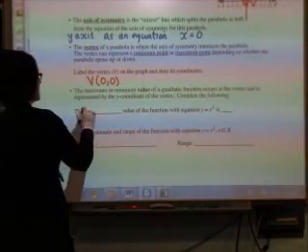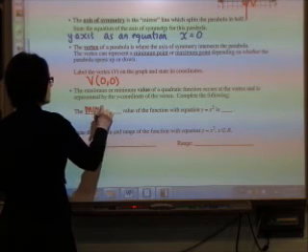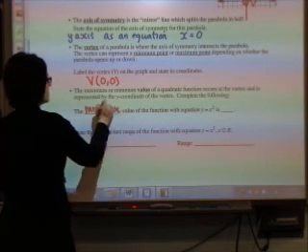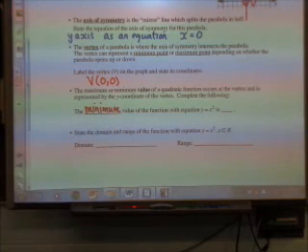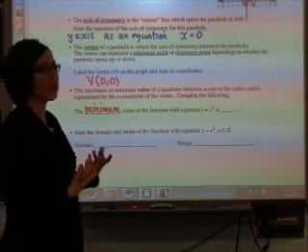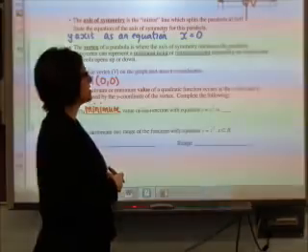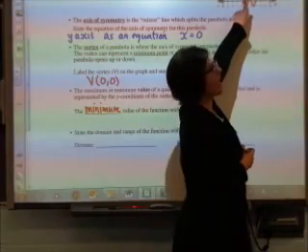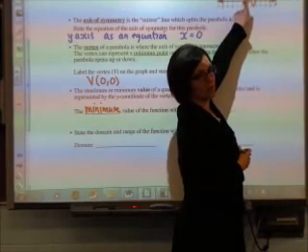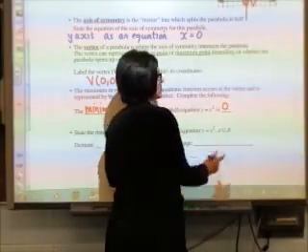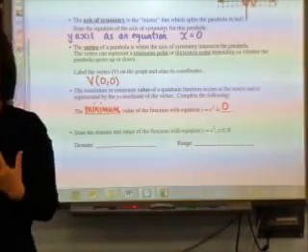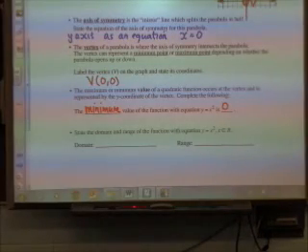So this is the minimum. And when we talk about the minimum value, we talk about the y-axis. So the smallest y value we get for this graph is at 0. I will never have negative y values.